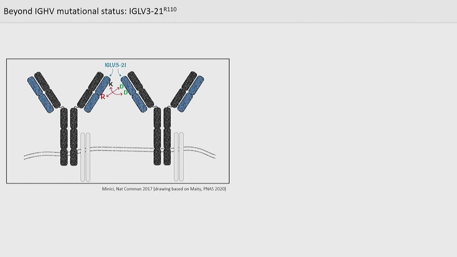That was confirmed later on by other groups, particularly Paolo Ghia in Milan, who showed that this immunoglobulin that carries in the lambda chain the 321 gene has a configuration of certain amino acids, particularly a lysine and 2 aspartates, that could combine with, in position 110, when this position had a mutation to an arginine, that created the possibility that these two immunoglobulins that were close could cross-link and transmit strong signals to the cells.